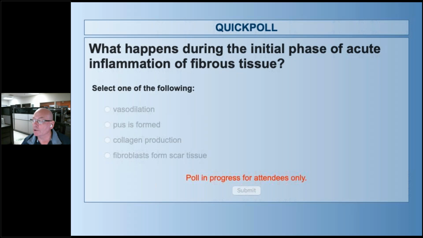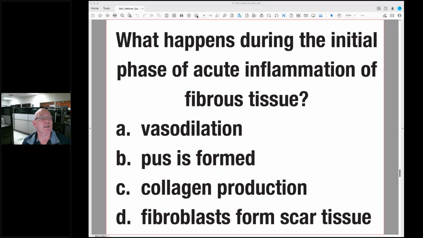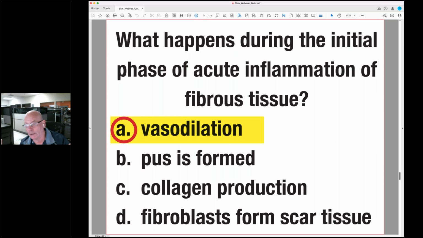I apologize. That took way longer than it should have. I was reading the question. Vasodilation by 50%. Half of you. So know that yes, vasodilation is in the initial phase. So we're getting blood coming in. Definitely write that one down.